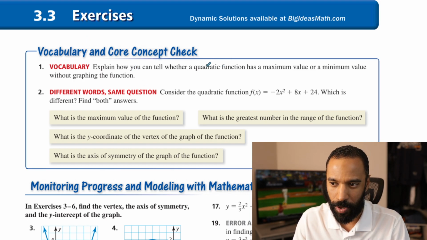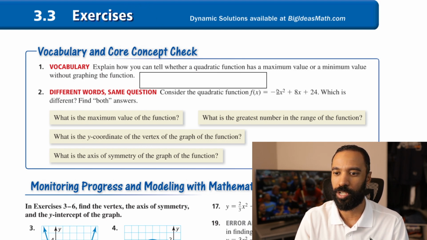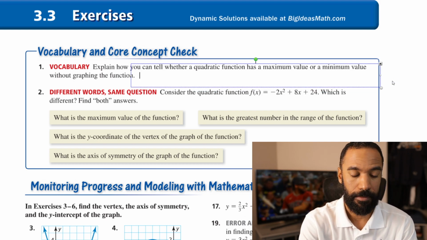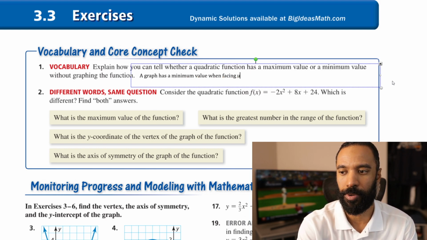Let's explain how you can tell whether a quadratic function has a max or minimum value without graphing the function. A minimum value is when your graph faces right side up. A graph has a minimum value when facing upward. That's when a is greater than 0.